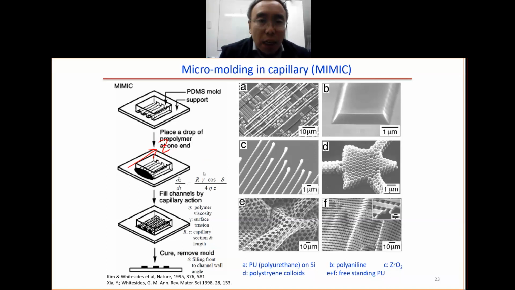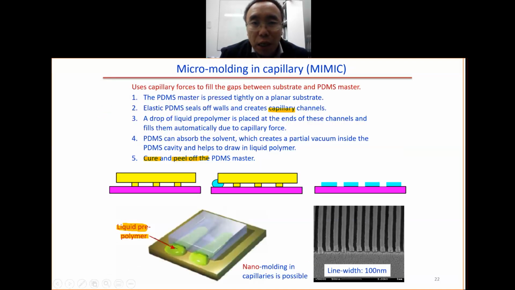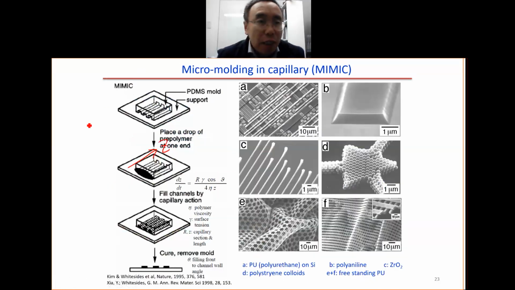So the driving force is the surface energy, the capillary force. The surface tension term is given by gamma cosine theta, that's why I have gamma cosine theta on the top.